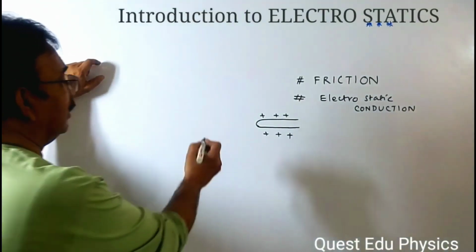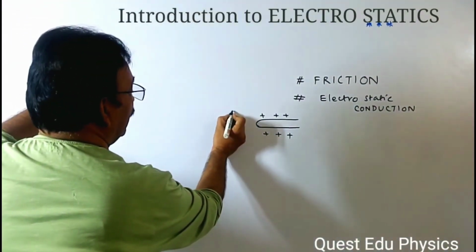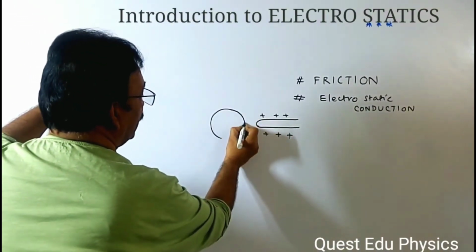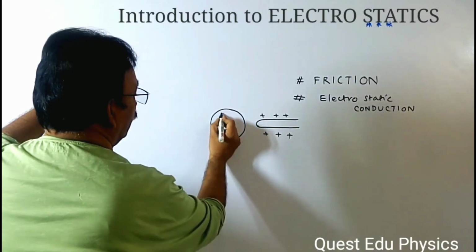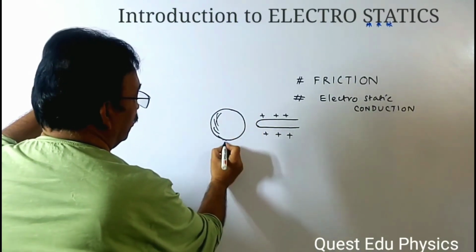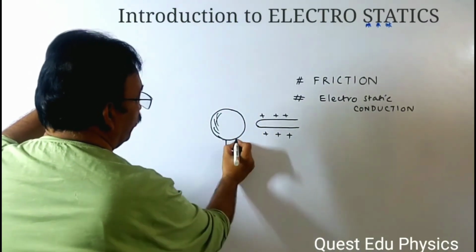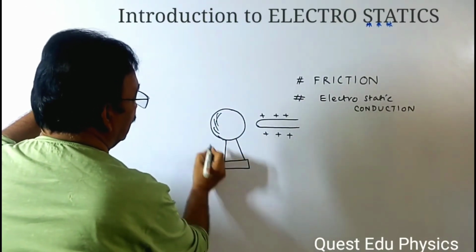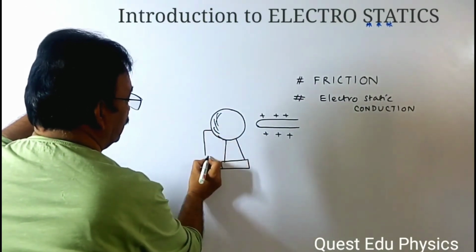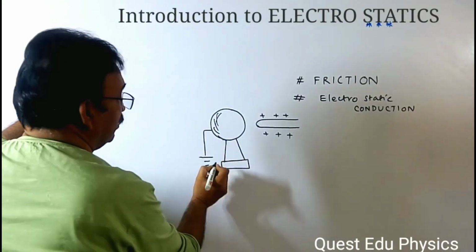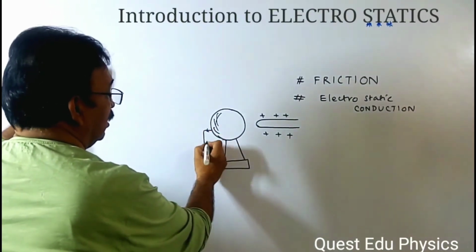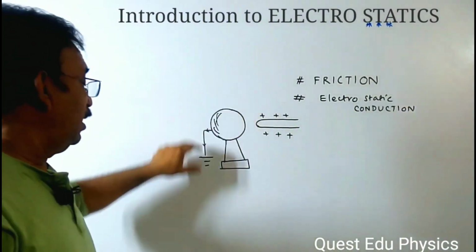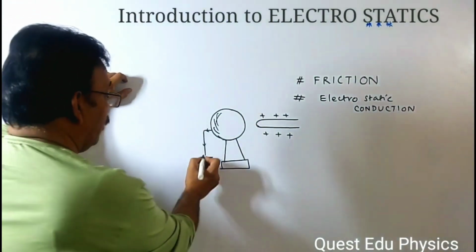Then I have to take a neutral body, say a metal sphere which is neutral. How can we make it neutral? We keep it on an insulated base, then we earth it. By earthing it, all the charge on the metal sphere moves to the earth.